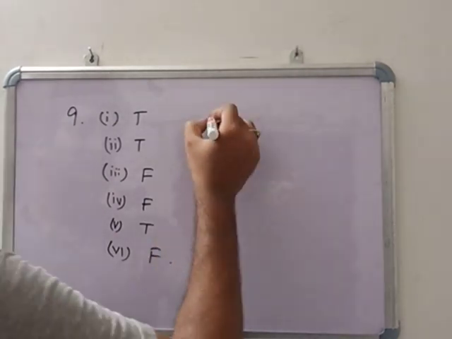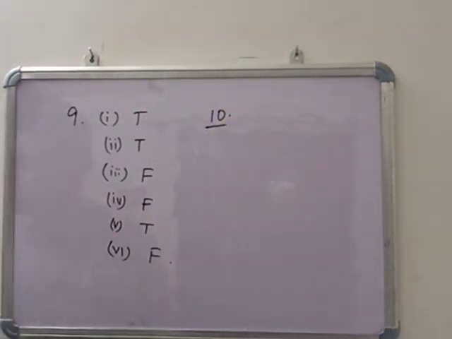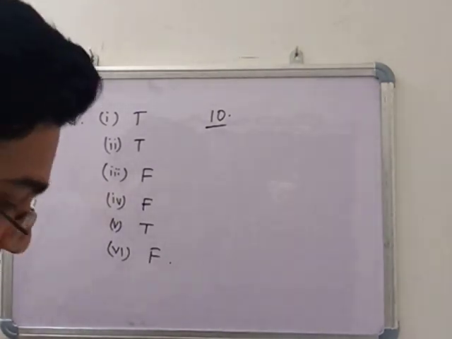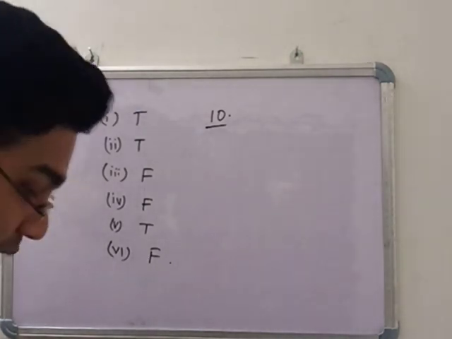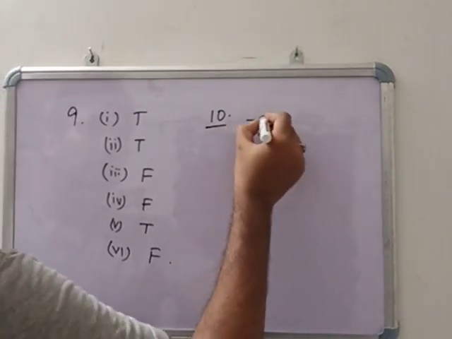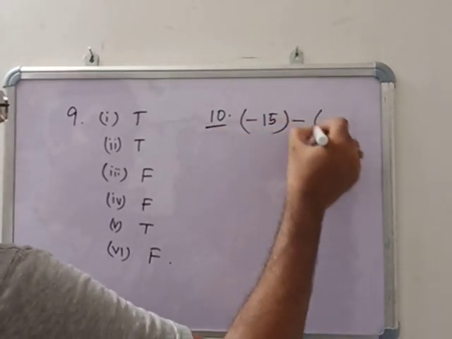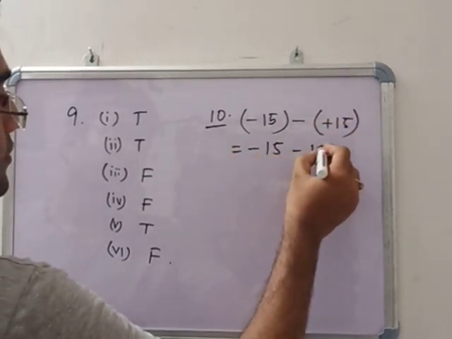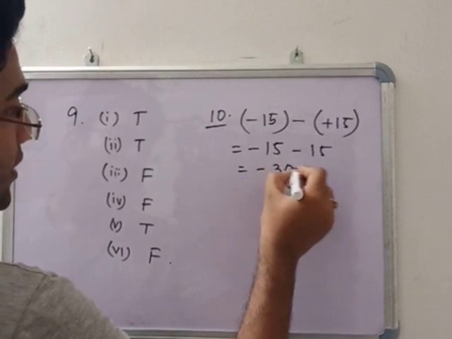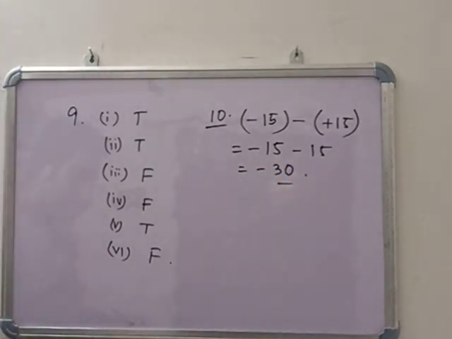Now in number 10, see that, what should be added to 15 to get minus 15? That means minus 15 minus plus 15. That means minus 15 minus 15. That means minus 30. So minus 30 should be added to 15 to get minus 15.